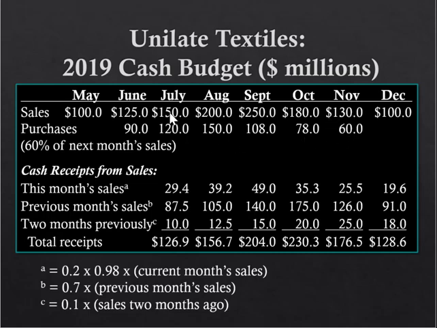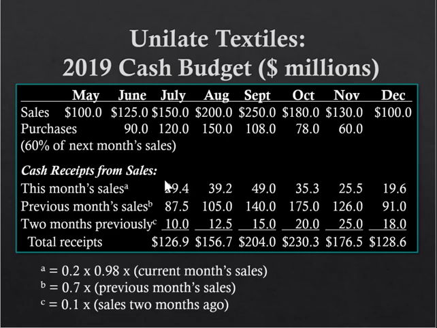And then we've got a calculation for how much cash is going to be coming in. This is the amount of current month sales, so 20% times 98%. So let's say you've got a 2/10 net 30 discount. 20% of your clients take advantage of the 2/10 net 30 discount, and so they're going to pay the current month sales in the current month.